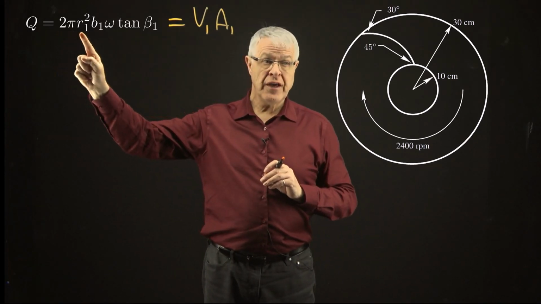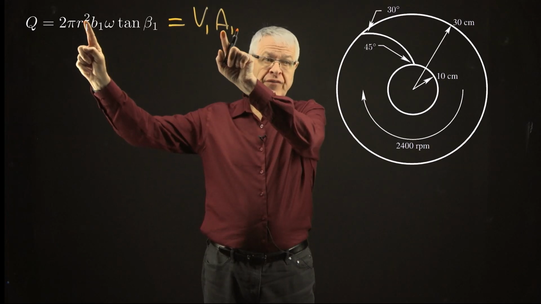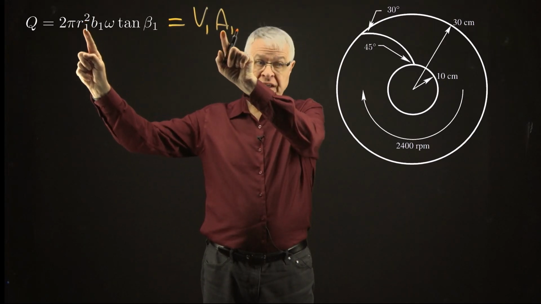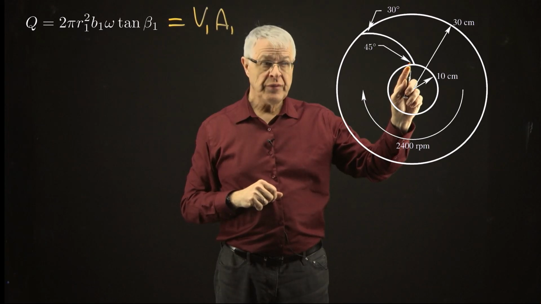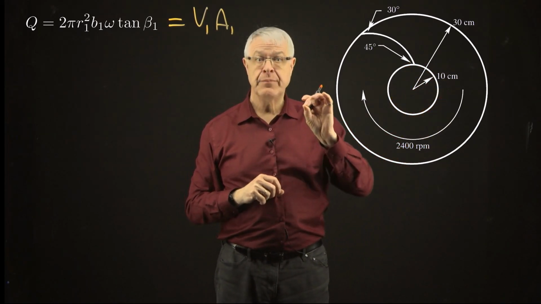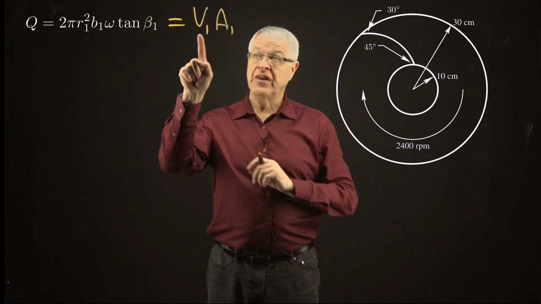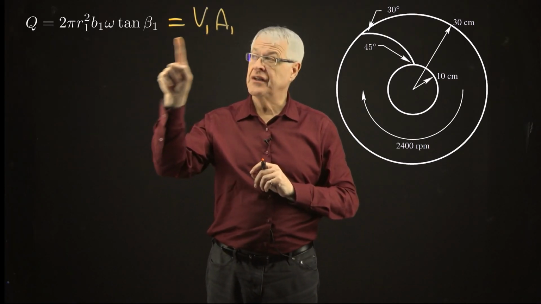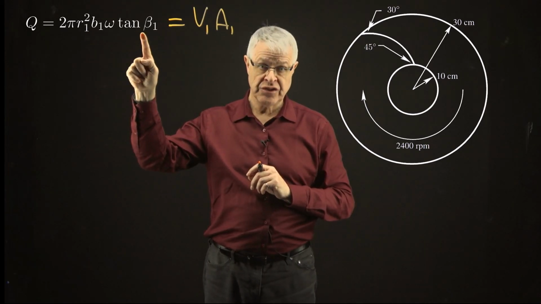So 2 pi r B1 is the area. Now we have an extra r there, but that extra r times omega is the angular speed of a point on that inner circle. So that's how fast the impeller is moving at its inlet. So realize that the V1 in our equation then is r omega times the tangent of beta 1.